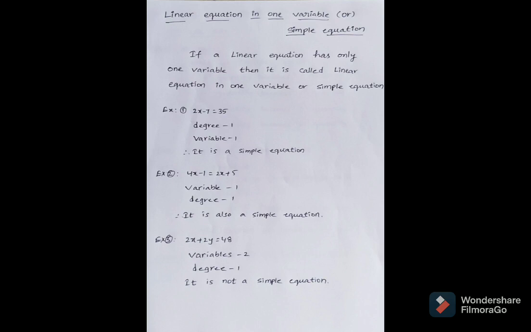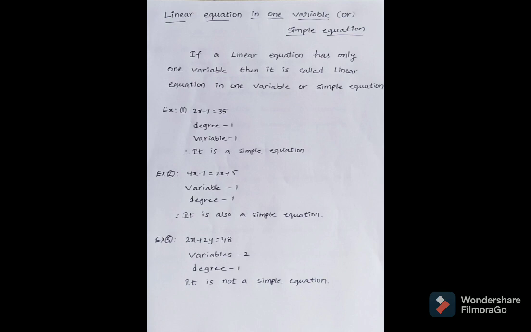And the power of x is called degree. So degree is 1. Here degree is 1 and number of variables is also 1. So the given equation is a linear equation in one variable, or a simple equation.